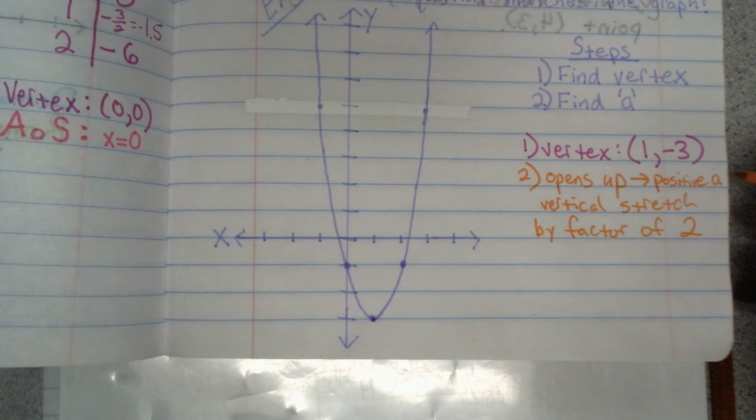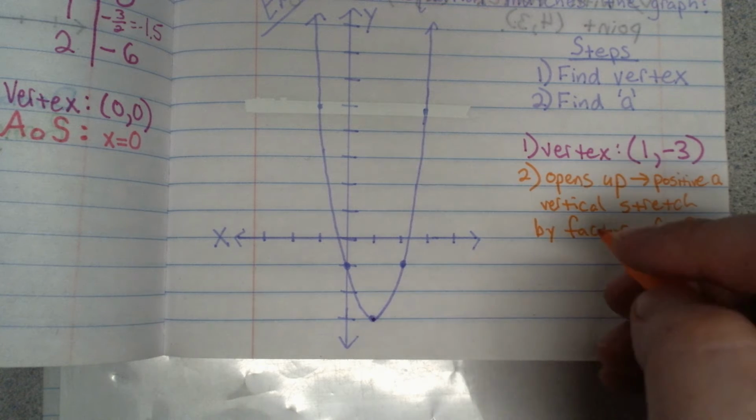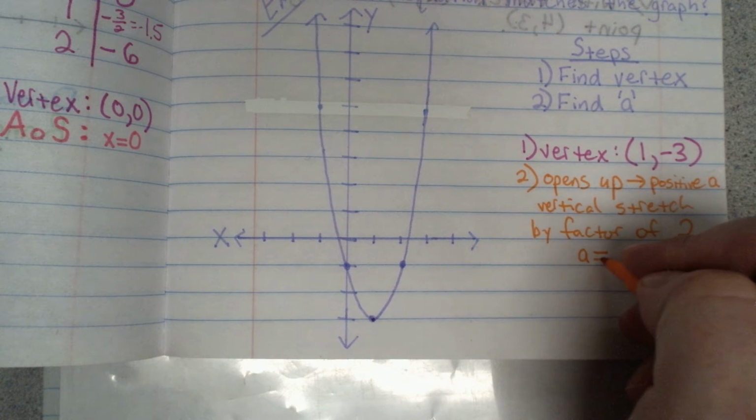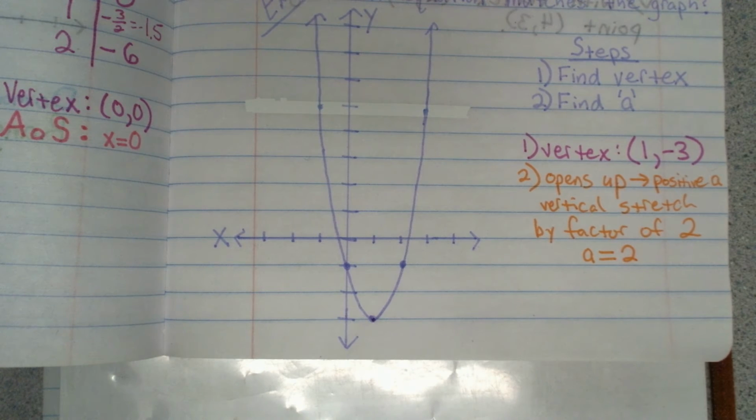So we know A is positive, and there has been a stretch by a factor of 2, so we know that A is 2. And that's the only two things we really need to identify in order to answer this.